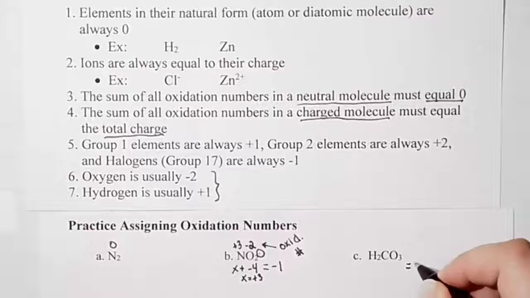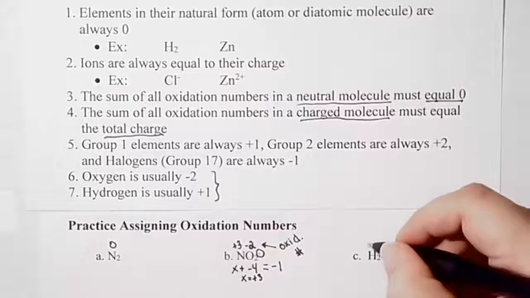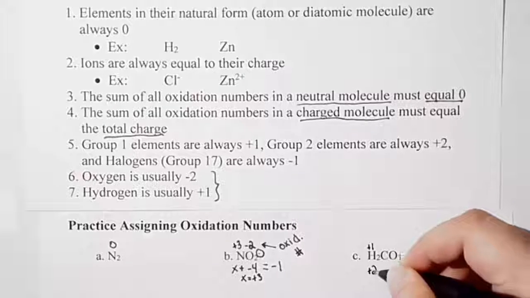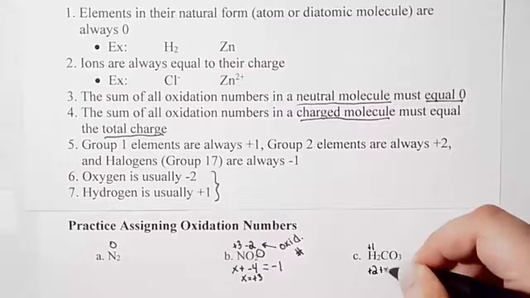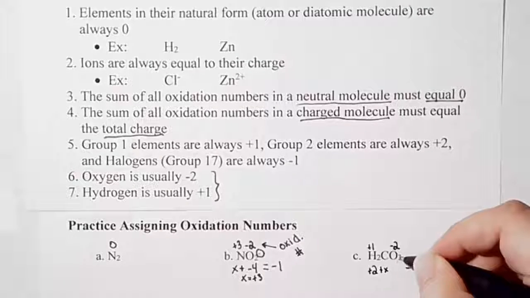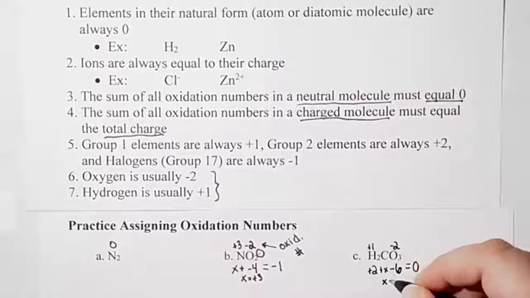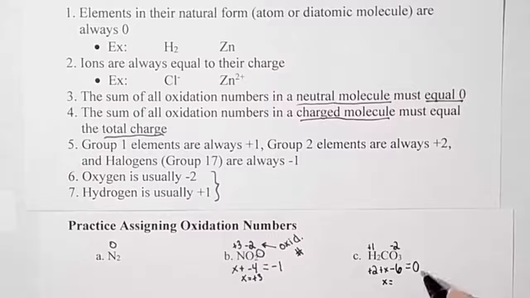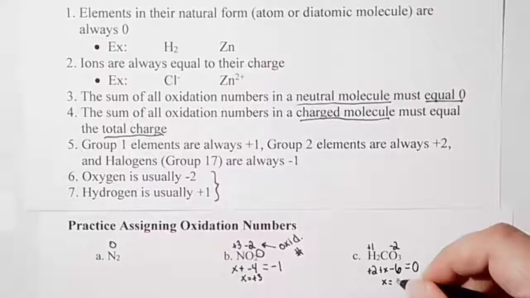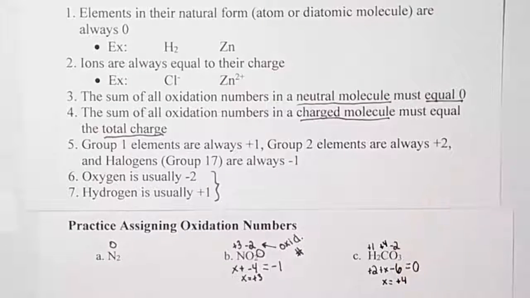It is equal to 0. Hydrogen, I know, is going to be +1, so overall +2. I don't know my carbon, that's going to be an X. Oxygen is going to be -2, but there's 3 of them, so overall -6. So when I solve for X, you add 6 over here, subtract 2, I end up getting +4. So carbon is going to be +4.